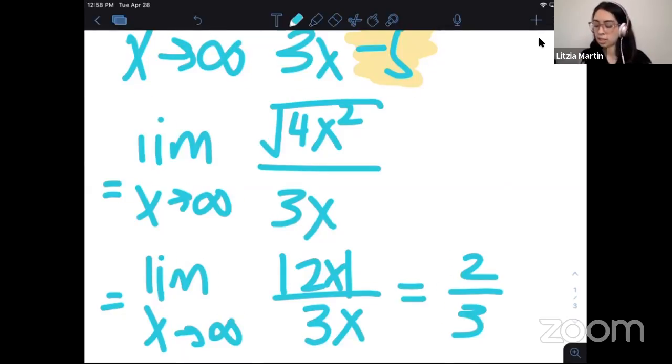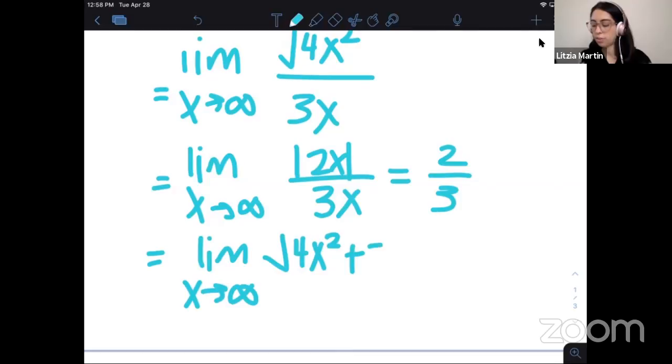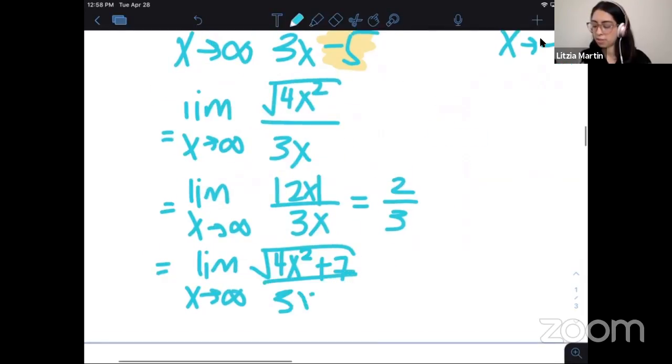So the limit as x is approaching infinity of our function, 4x squared plus 7 divided by 3x minus 5, will equal 2/3.